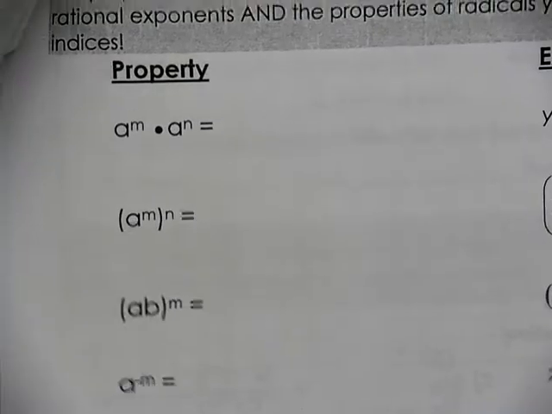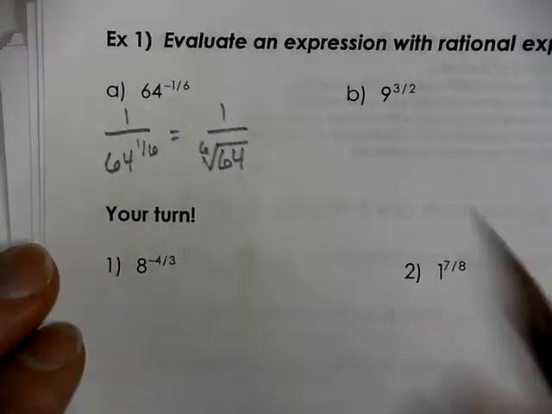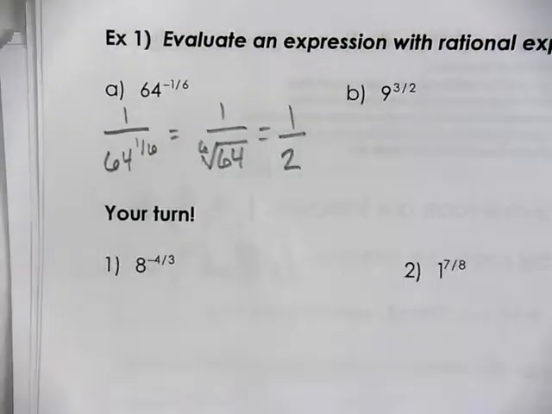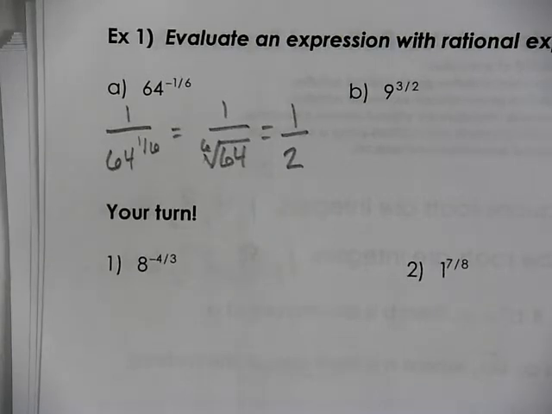So that's how you use this power table. You don't have to always have a calculator. So 64 to the negative 1/6 power is the same thing as 1 over 2.